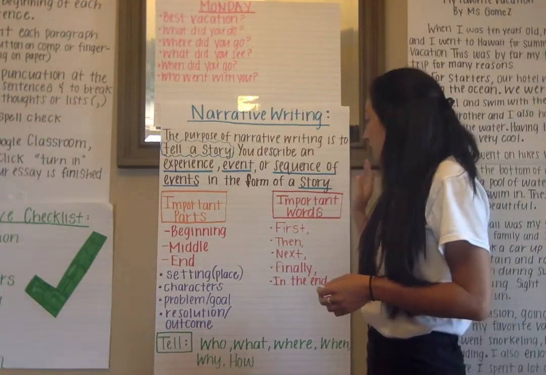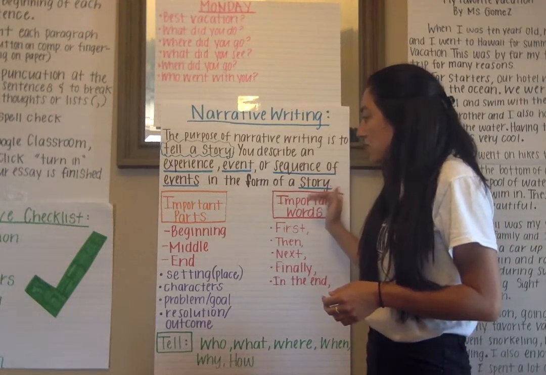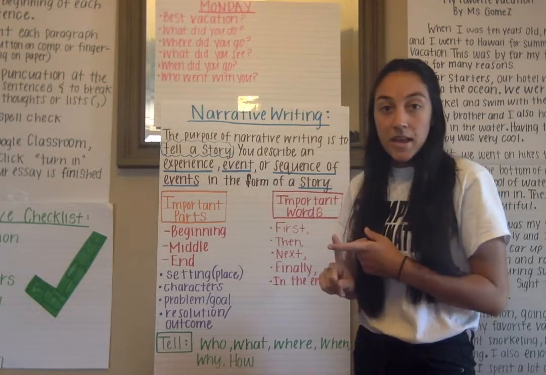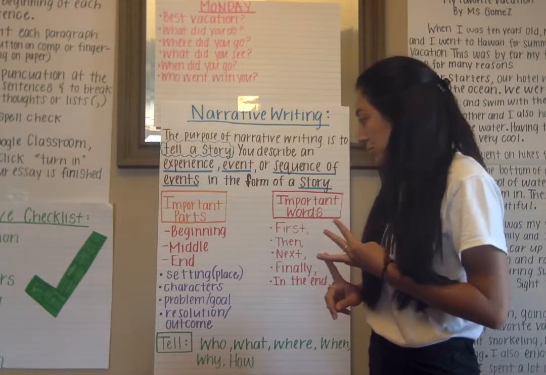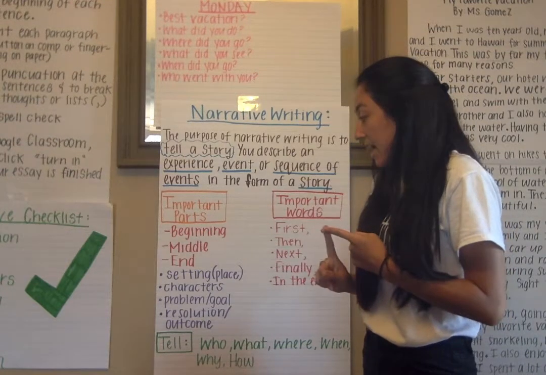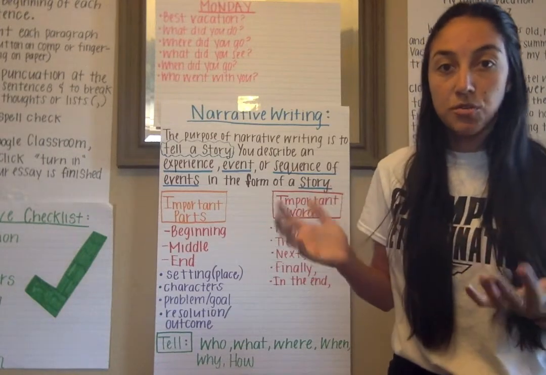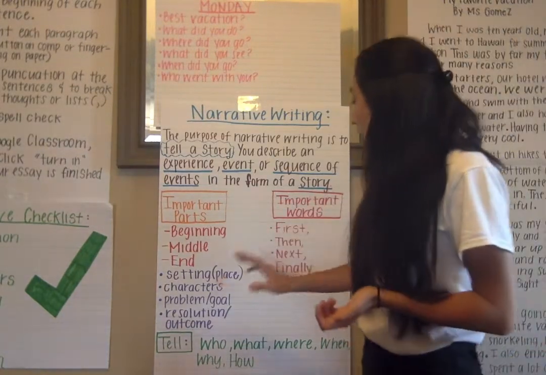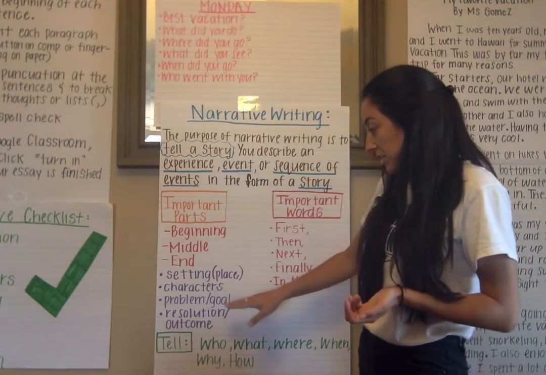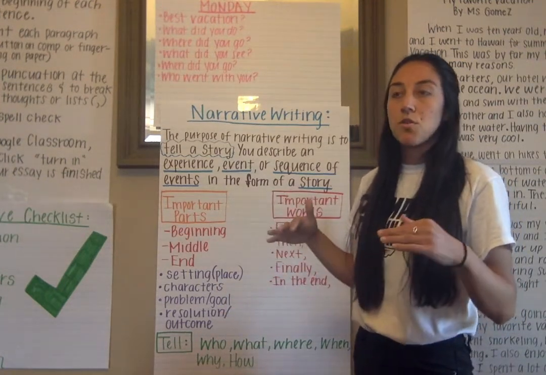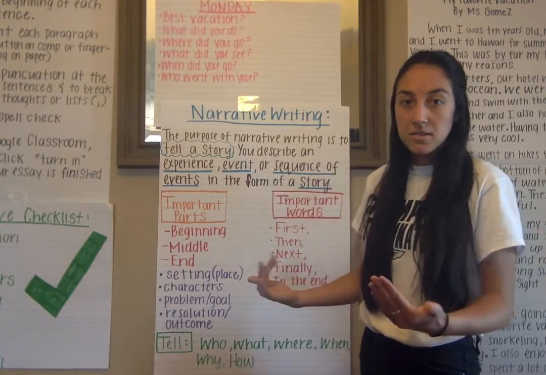So there are parts of narrative writing that you need to have. You always need a beginning, a middle, and an end to your story. You need a setting. So you need to describe the location or the place that your story is taking place. You need to have characters. If you're writing a story about your own life, the characters are going to be you and whoever else it pertains to.